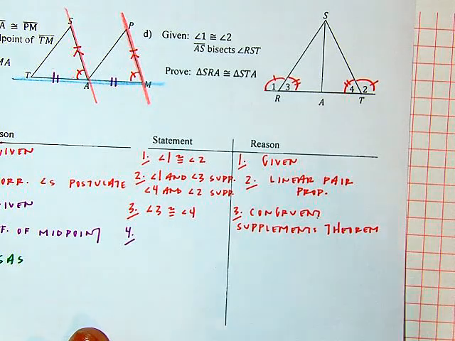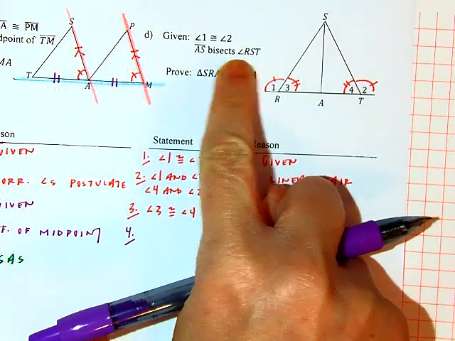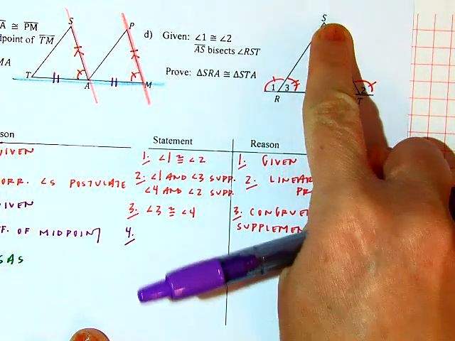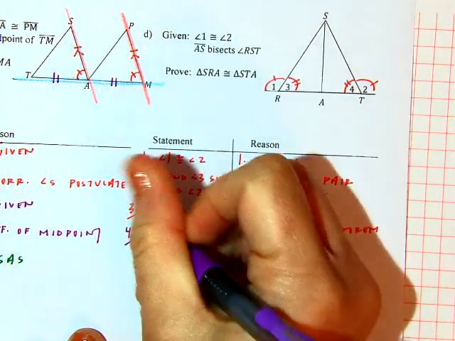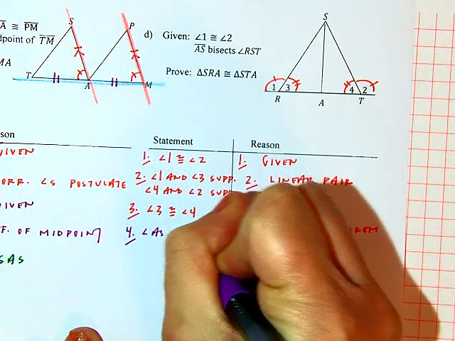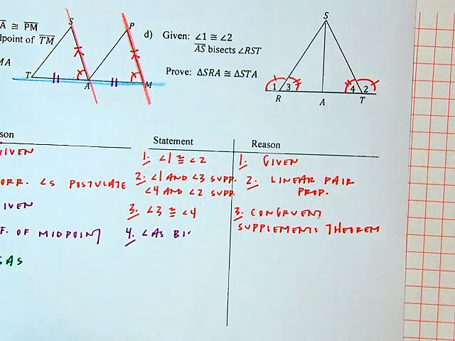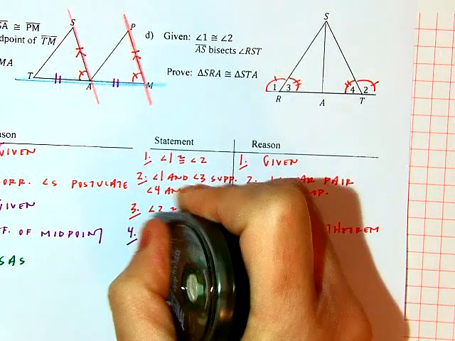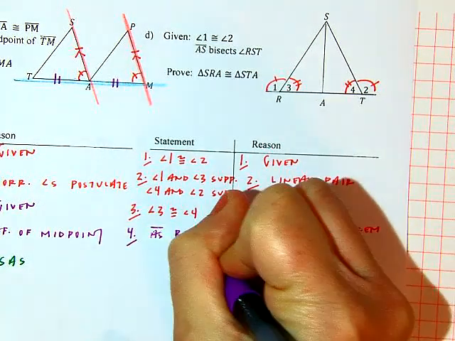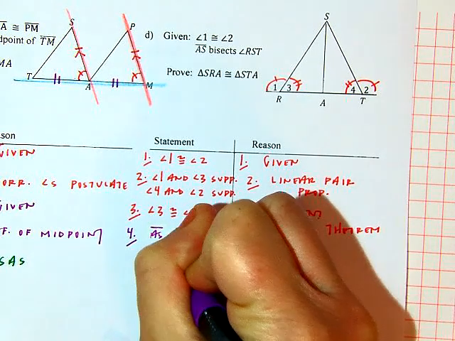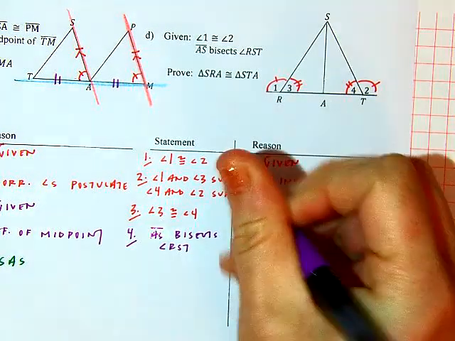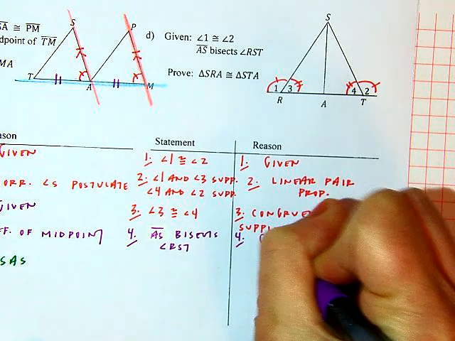So here I'm given that AS bisects RST. So I know that AS here bisects RST. Okay. I wrote the wrong notation. All right, the segment AS bisects angle RST. Okay, so the segment bisects the angle given.